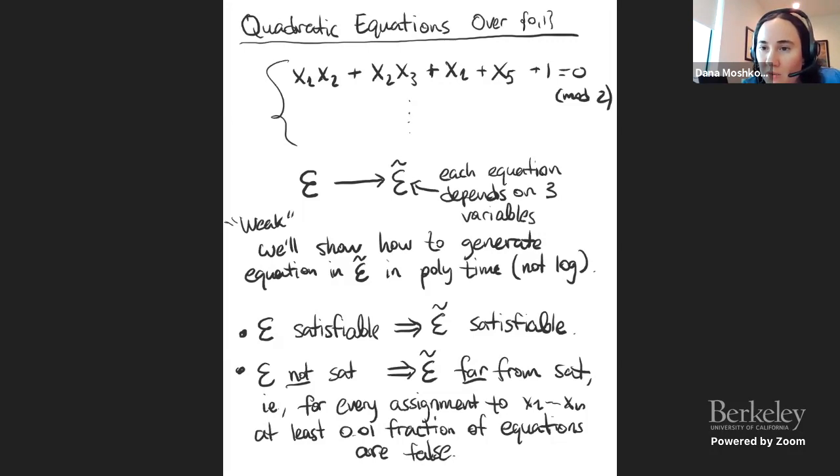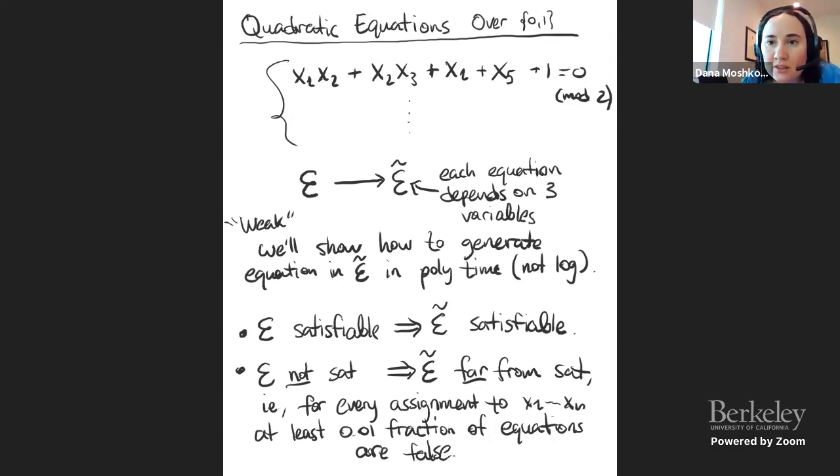Is there any relation between the satisfying solutions of E and E tilde? Yes. So what we'll show is that if we start with a satisfying solution for E, we can encode it to get a satisfying solution to E tilde. And vice versa, if you have a solution to E tilde that satisfies a huge number of the equations, then we can construct from it a solution that fully satisfies E. All the proofs I'll show you are constructive.